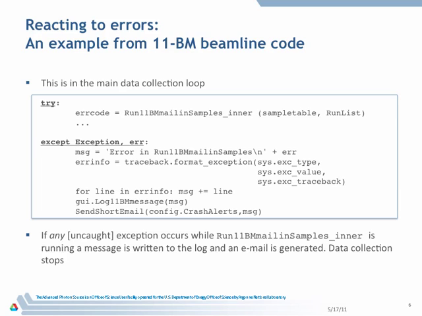We'll talk about what this traceback does, but it does something very important. It writes something to the log, and it sends a short email message to a bunch of people, and this goes to, for example, Matt's cell phone, so that he knows that the instrument has stopped.